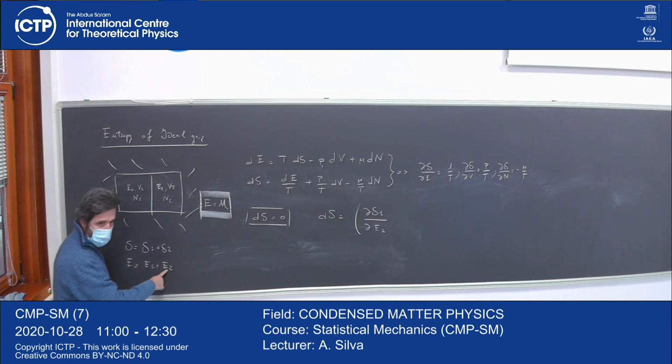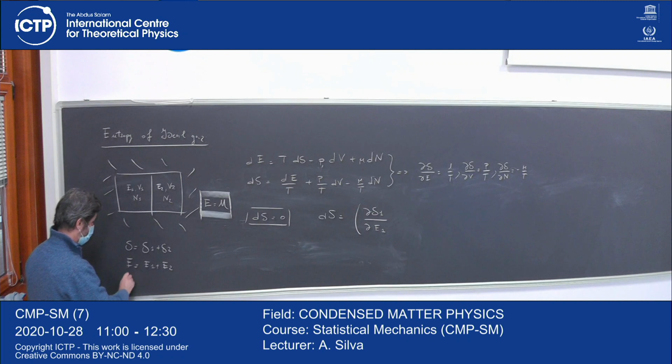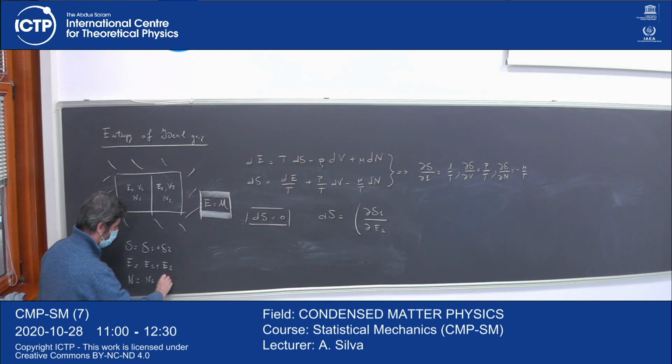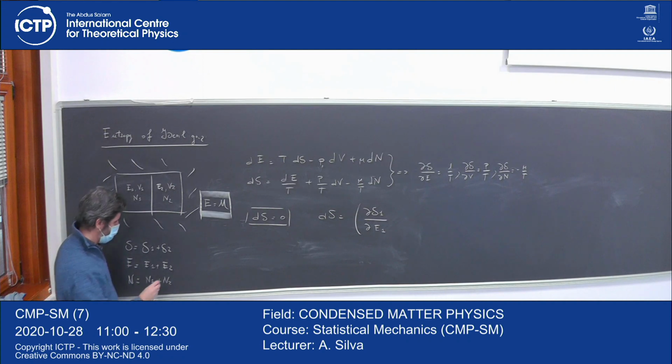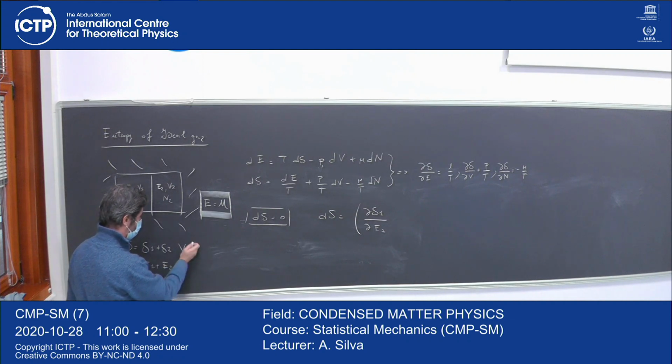This one can fluctuate, that one can fluctuate, but the sum cannot change. Also, the total number of particles cannot change. And even the volume cannot change. I can pretend that a part of my system takes a larger or a smaller volume, but the total volume, V1 plus V2, has to be equal to V, that is fixed.